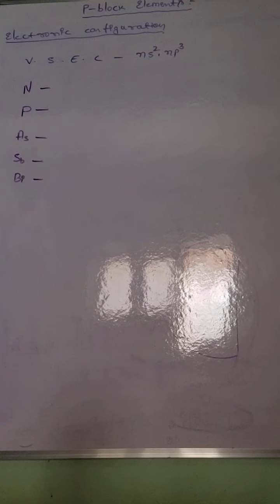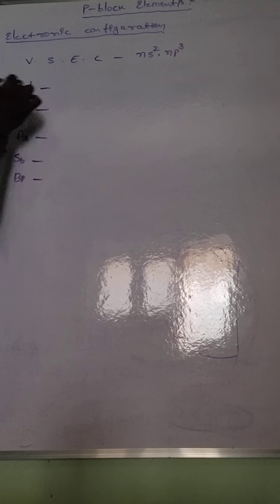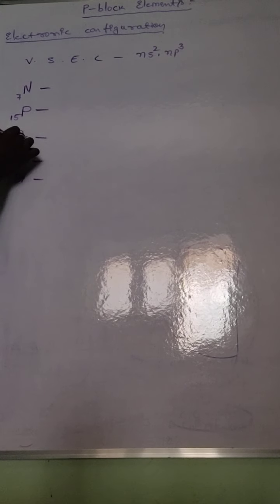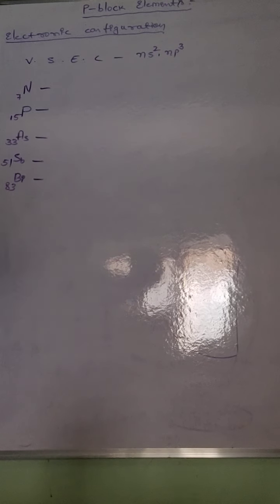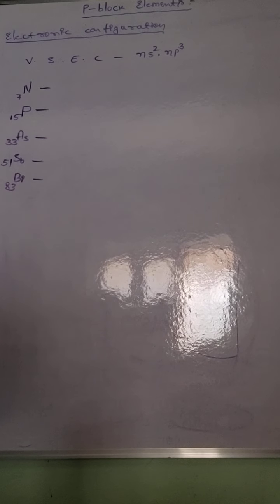The atomic number of nitrogen is 7. Phosphorus is 15, arsenic is 33, antimony is 51, and bismuth is 83. These elements are present in the 15th group.